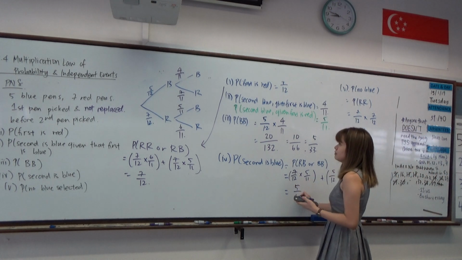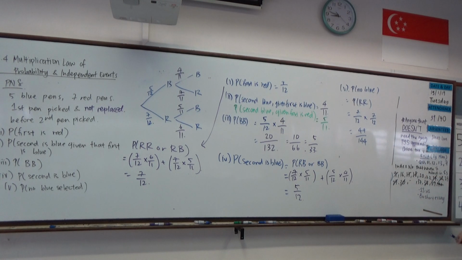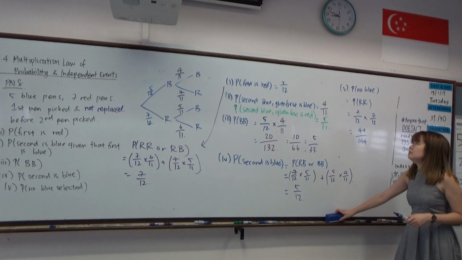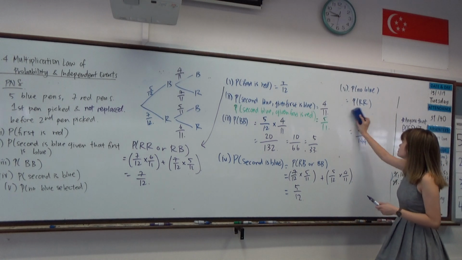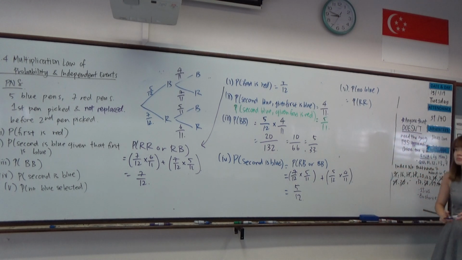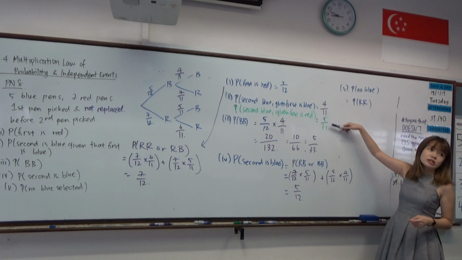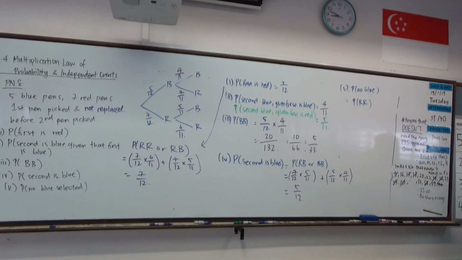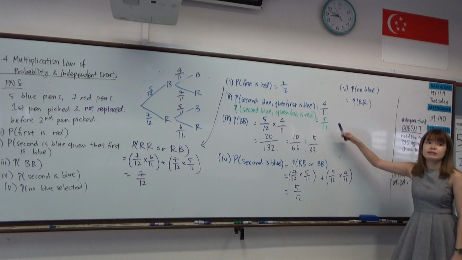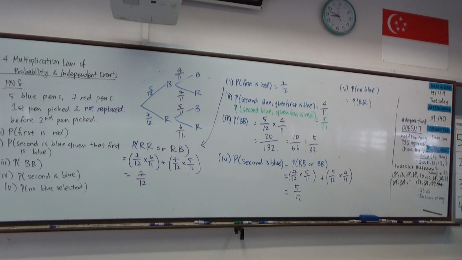So you find that the second being blue is different from how you calculate in part 2 with the given condition. Earlier on, with independent events, the probability is the same, but for dependent events, the probability is no longer the same.